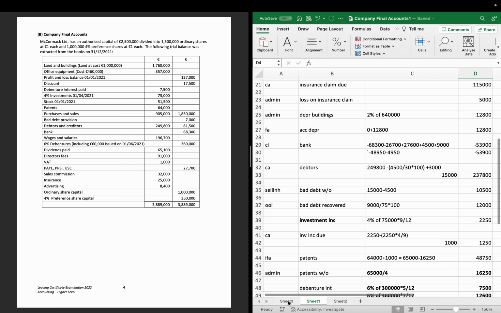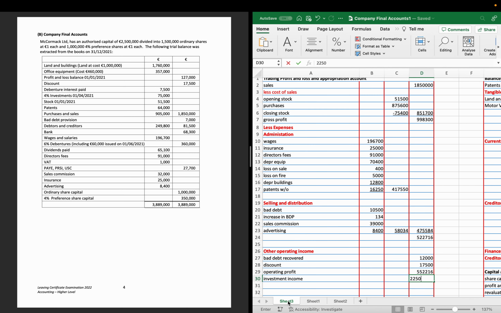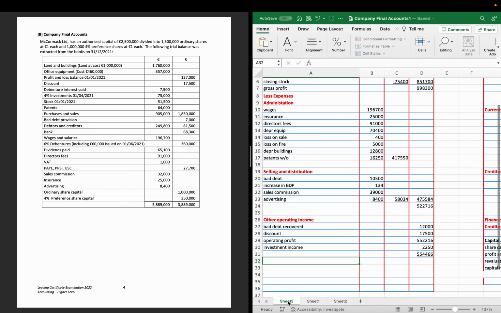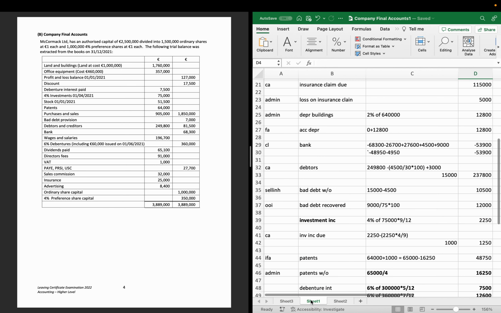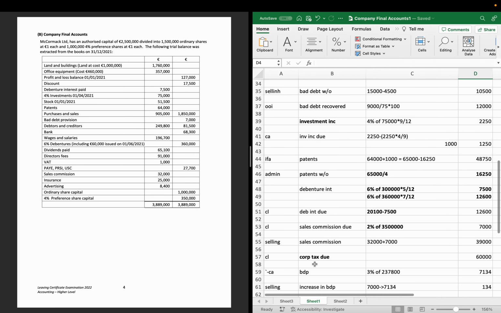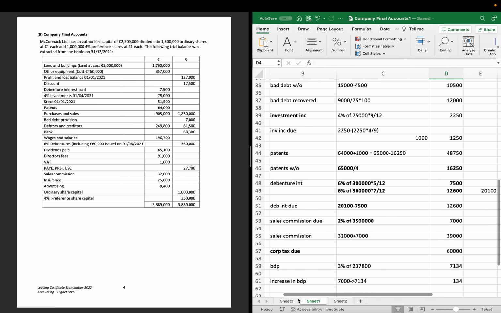We worked it out to be 2250. So we'll add that on. Then we're going to take away our debenture interest, which was 20,100.